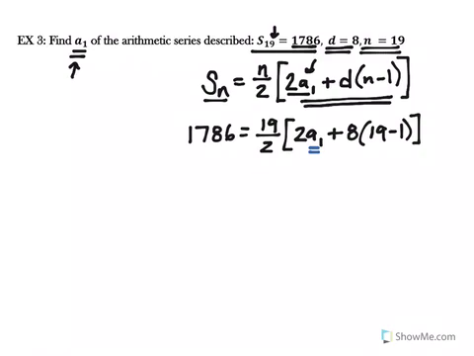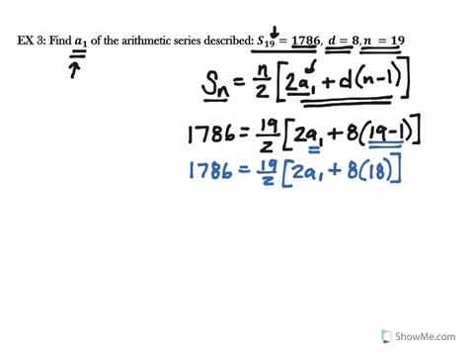So we can use our inverse operations to isolate this variable. So we're going to use order of operations, PEMDAS, in order to solve here. We're going to subtract first. So we'll see if we can just kind of do this methodically. 1786 is equal to 19 divided by 2 times 2 times a sub 1 plus 8 times 18.